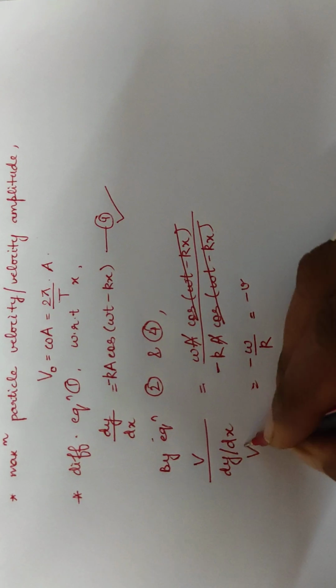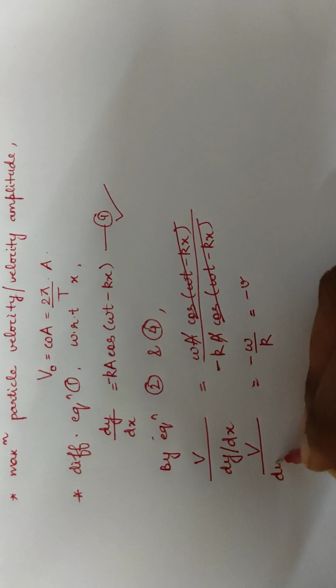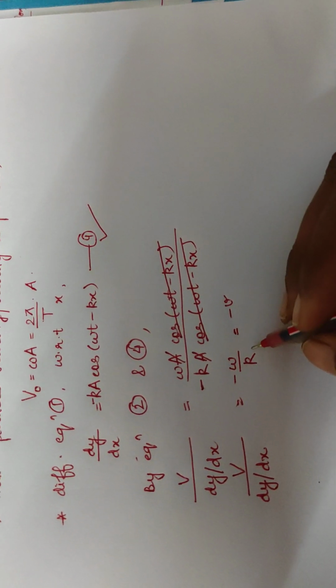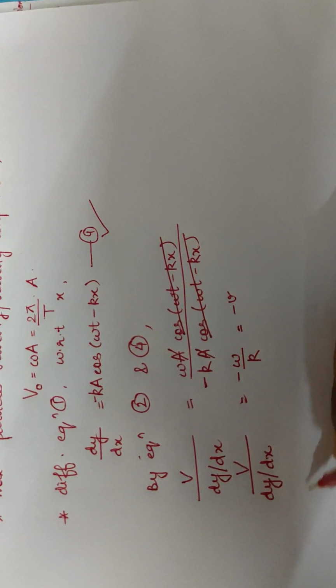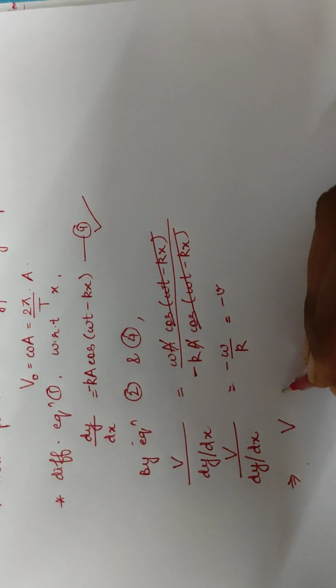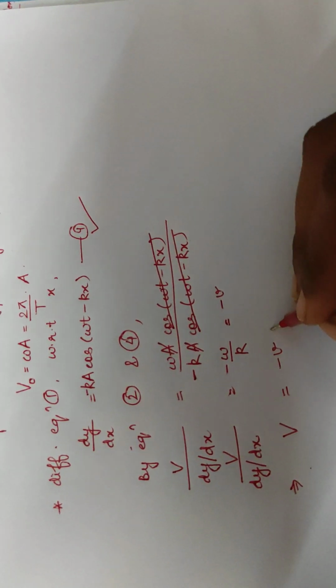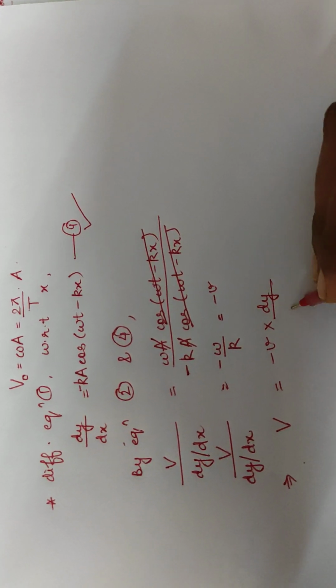So from here we have derived that v, the particle velocity, divided by dy by dx is equal to minus omega by k, which is equal to minus v. Therefore, we can also write that particle velocity is equal to minus of wave velocity into dy by dx.